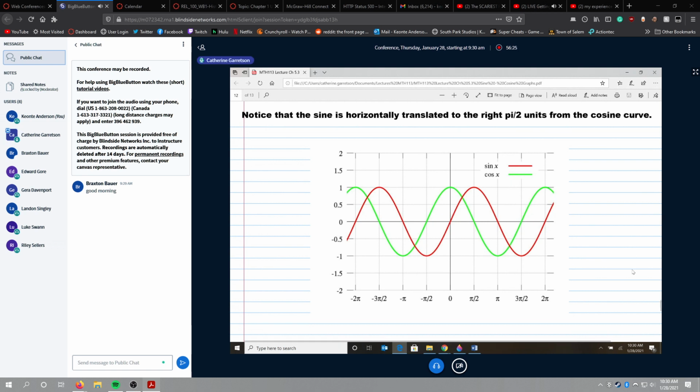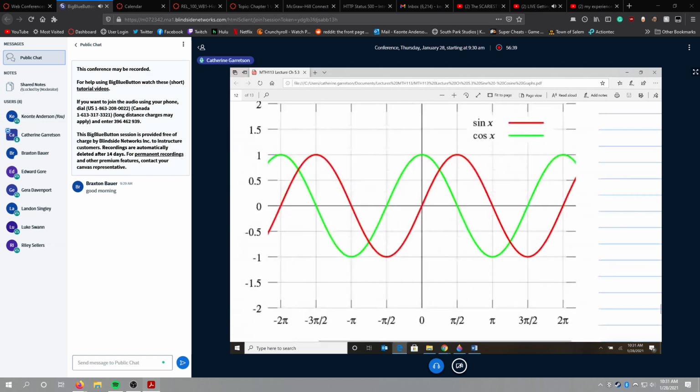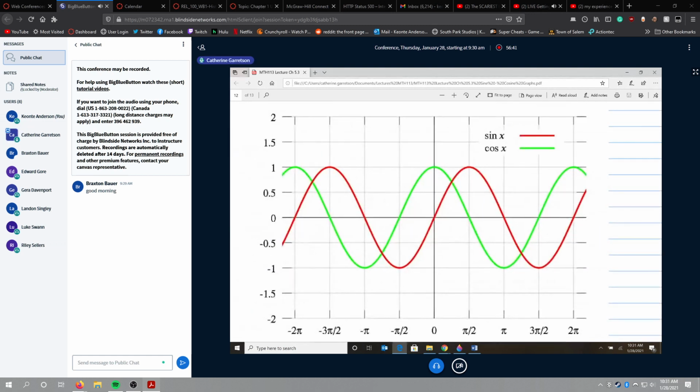Now remember we talked about the sine and cosine, one being an even function and the other an odd function. The definition of an even function is that it is symmetrical to the y-axis. What do you notice about the cosine graph in green? It is symmetrical to the y-axis. So that's why, when we were doing negative angles and looking at even and odd functions, I said cosine was an even function.